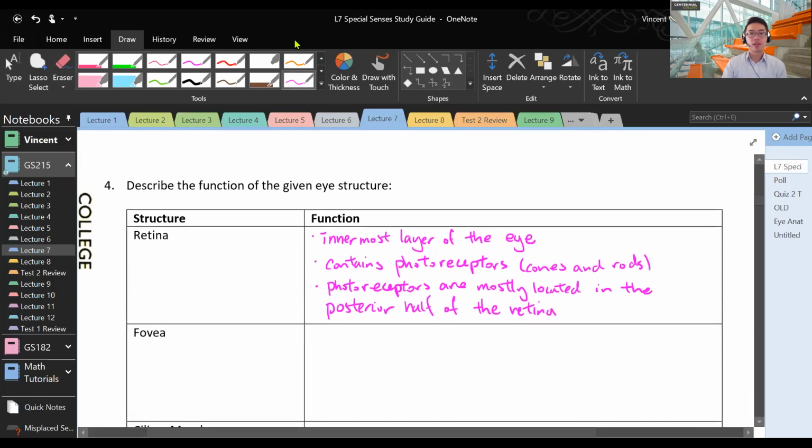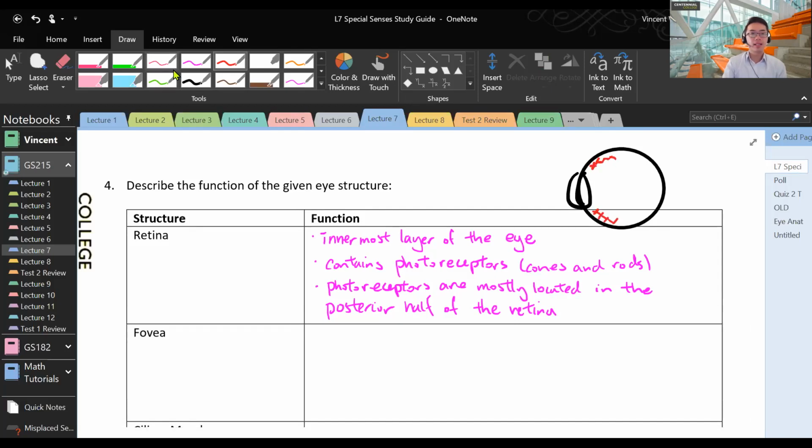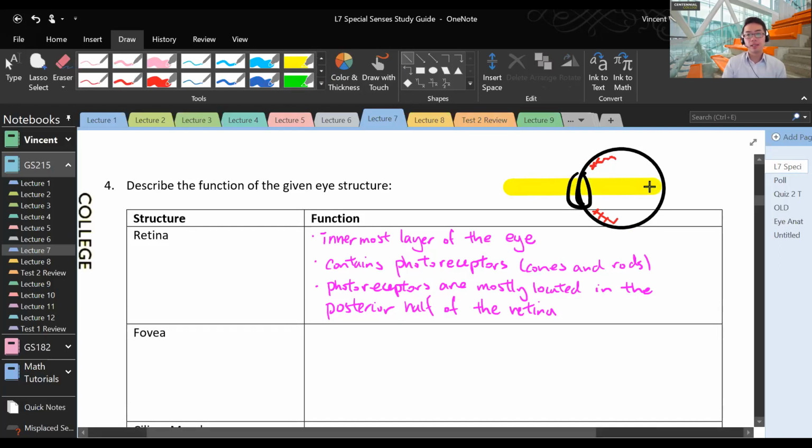Okay, like if you think about the eyeball, right? Here's your eyeball. Here's your lens at the front, like I said. So, you know, no point putting photoreceptors here, right? Because the light comes in, it's not gonna bounce back and stimulate these locations, right? Okay, so most of the photoreceptors are gonna be concentrated at the posterior half of the retina, okay, where the light is going to be.